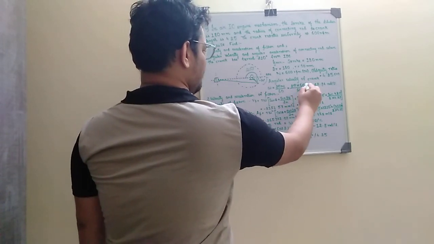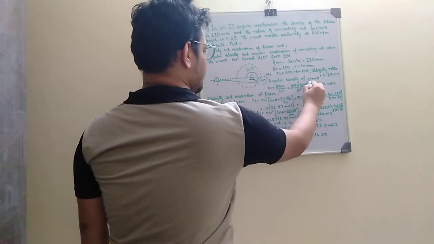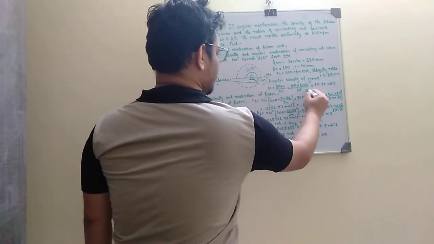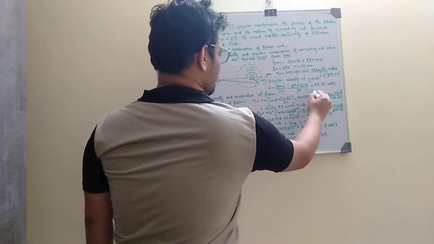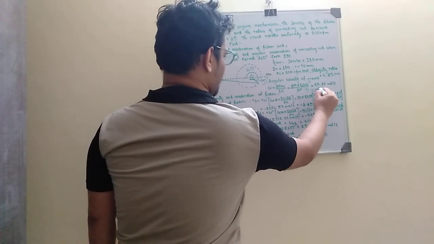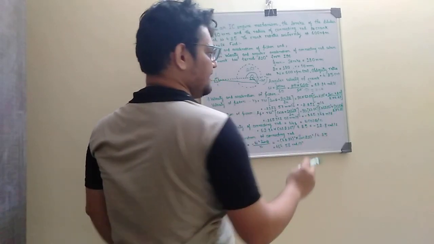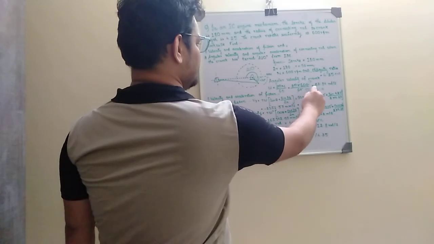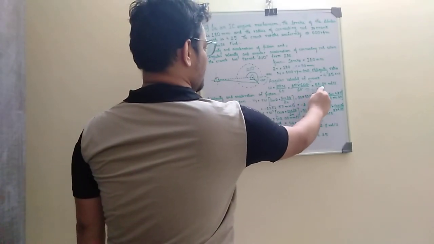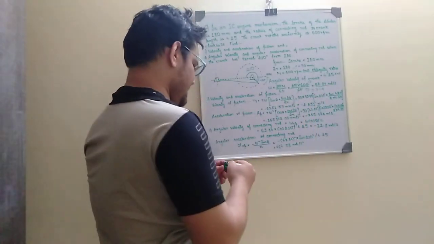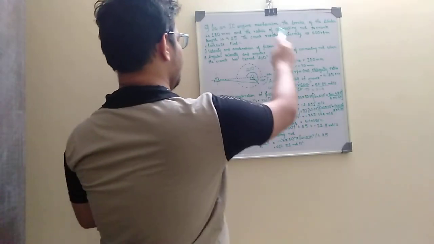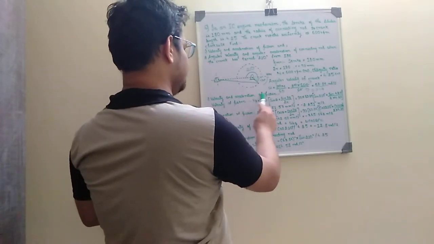And we will take the pi value as 3.14 instead of 22 by 7. If we calculate, we get 62.84 radian per second.